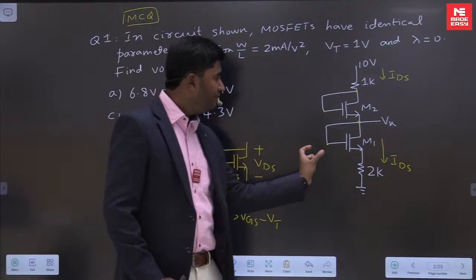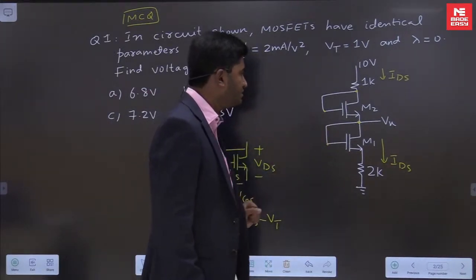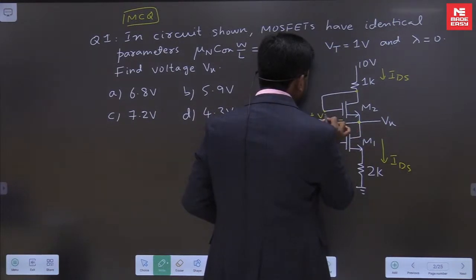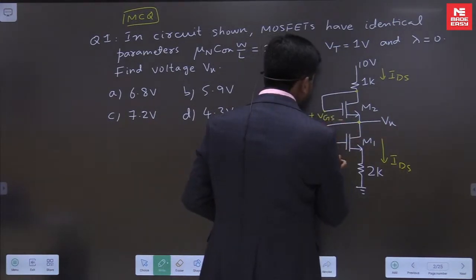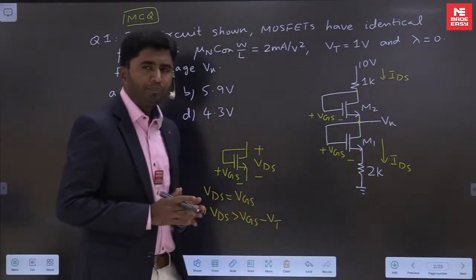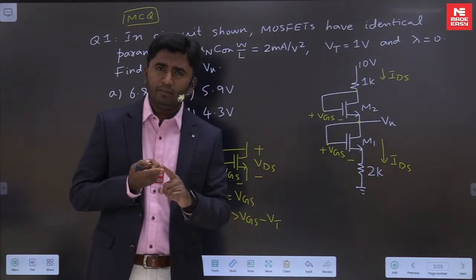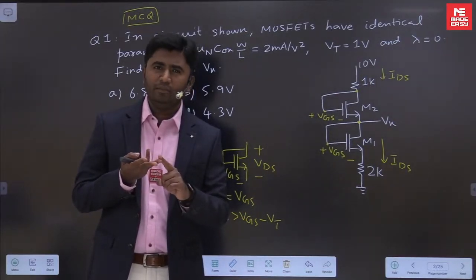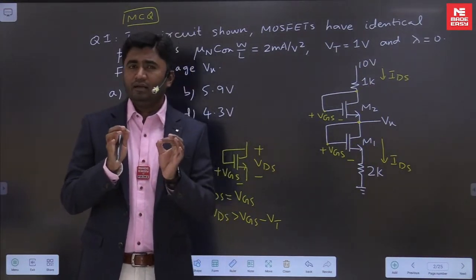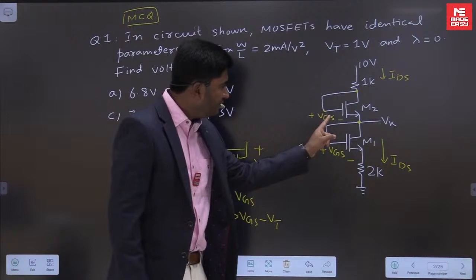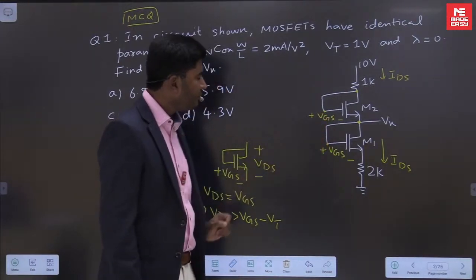I can say VGS1 is equal to VGS2. So if I indicate this as VGS, this will also be the same VGS. I repeat once again, that is why I have taken VGS as the same here.